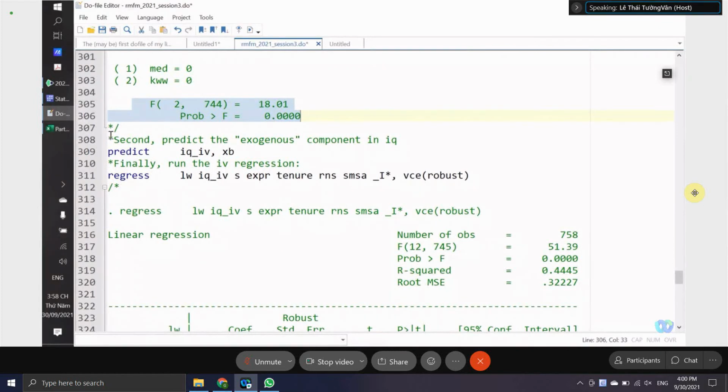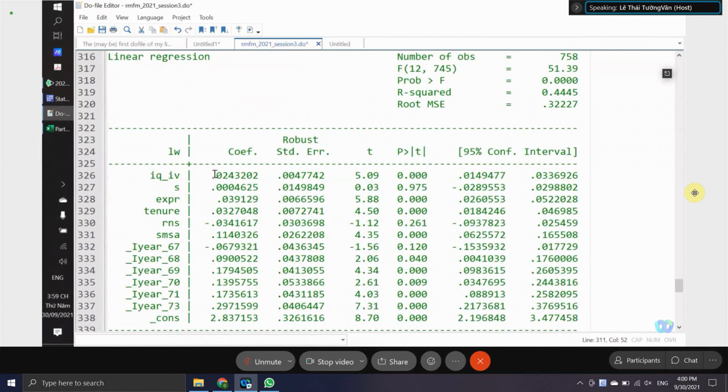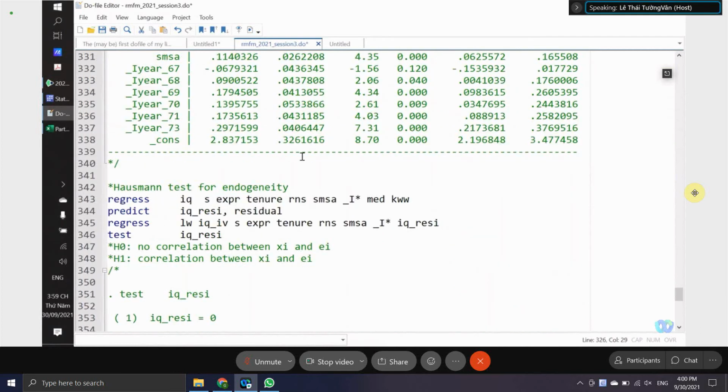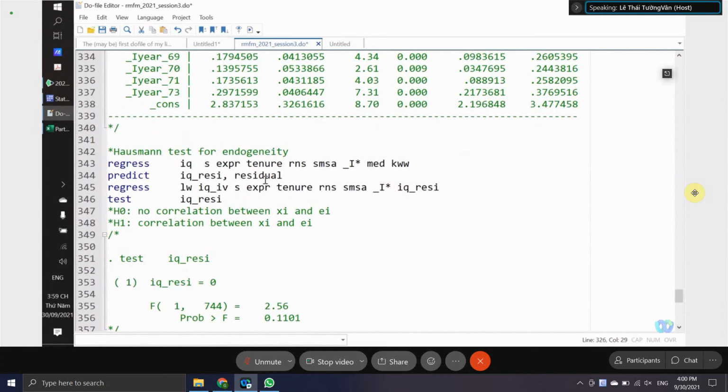Then, in the second stage, you predict IQ IV as xb, and you regress the log of wages and salary on IQ plus the set of explanatory variables like before, and you may see that the log of IQ is significant. There is a so-called Hausman test for endogeneity.